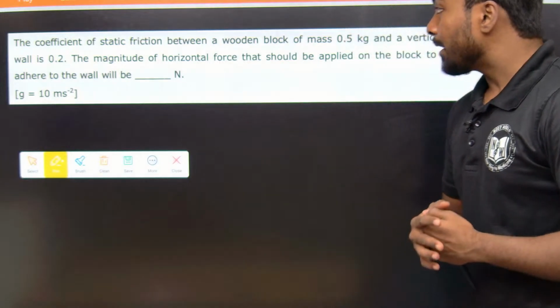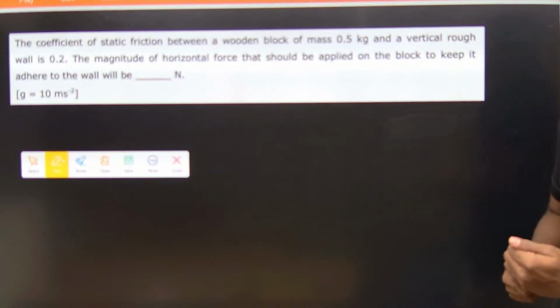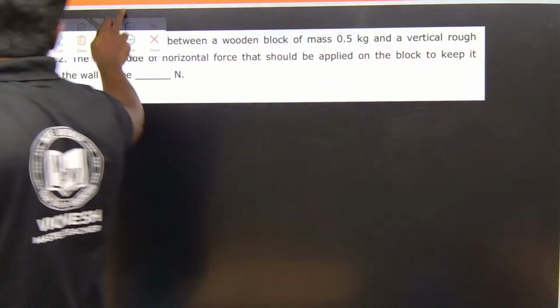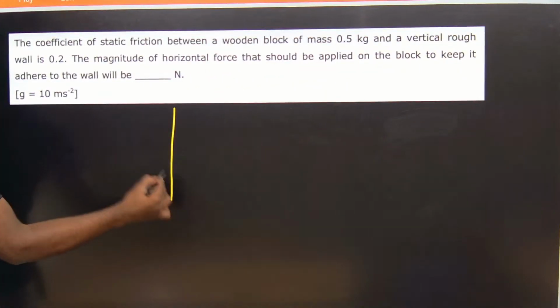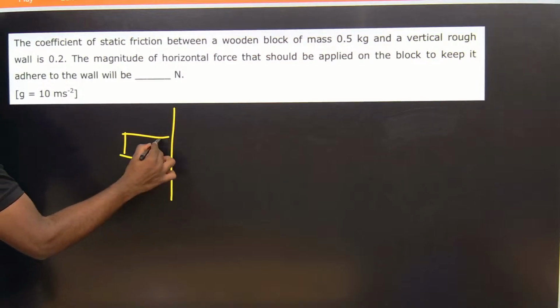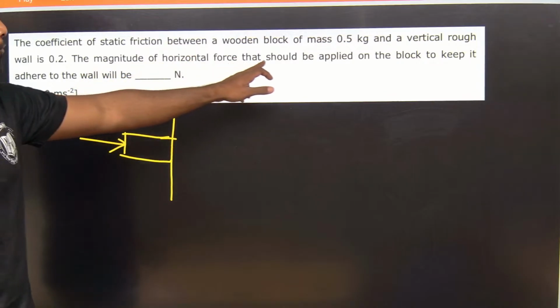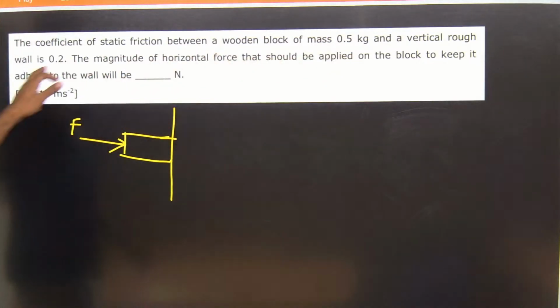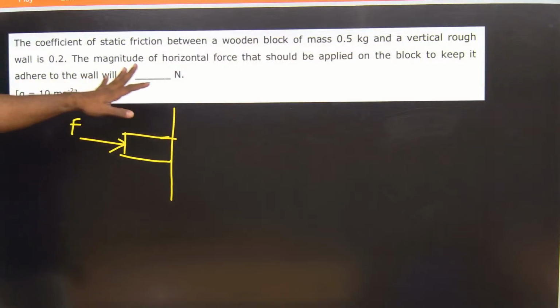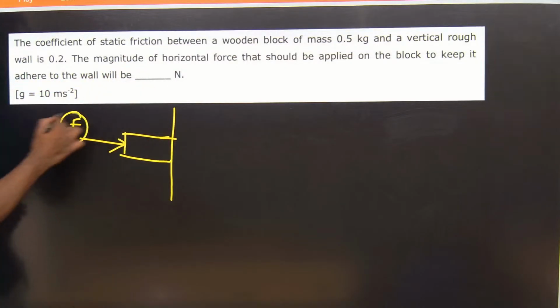It should stay on the wall, it should not slide down. Suppose this is the diagram and this is the external force applied. So they are asking for the magnitude of this horizontal force.